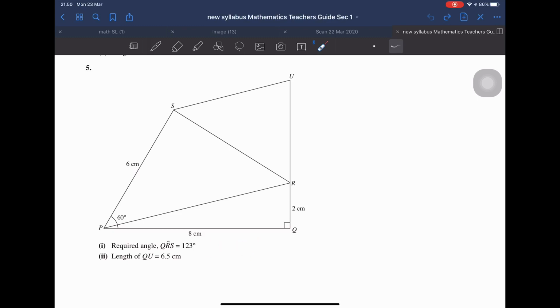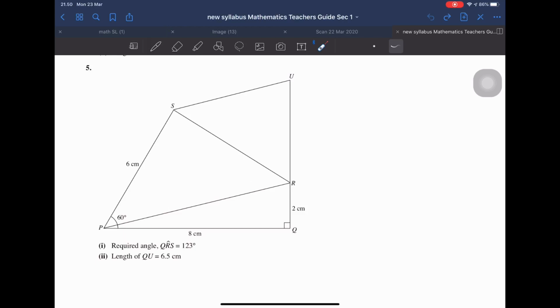Next, length of QU. Construct a line parallel to PR that passes through S, so it should be parallel to the line. You need to know how to construct a parallel line.